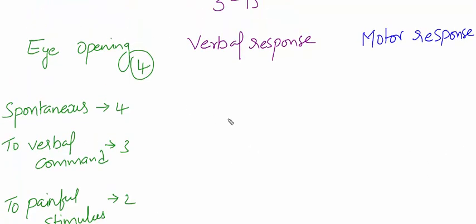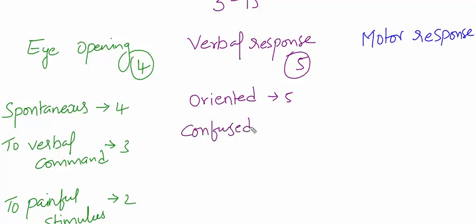Next, coming to verbal response. Verbal response has 5 components. If the patient has a normal oriented conversation, we give a score of 5. A confused verbal response gives 4 points.